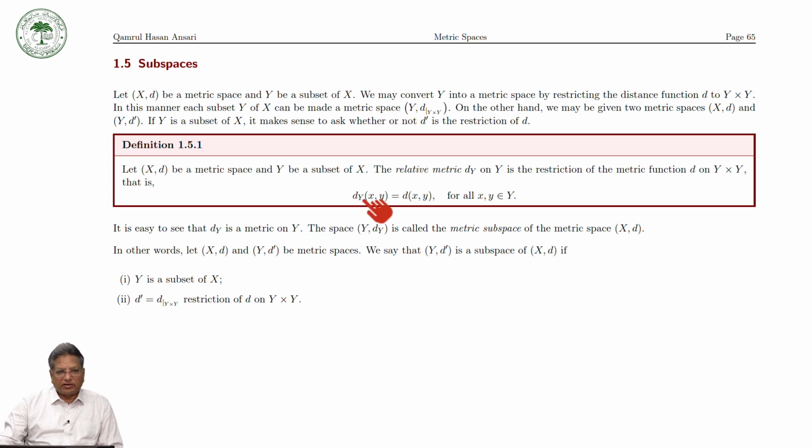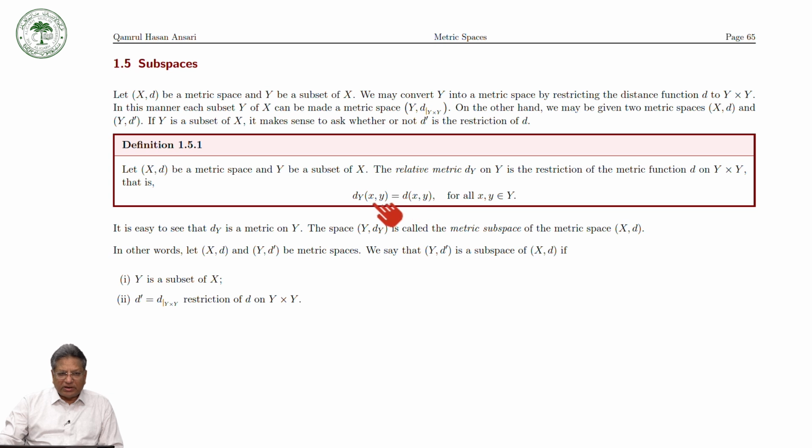So we can see that because this is equal to this one, and because d is a metric, d_Y will also satisfy all the properties which are satisfied by d.